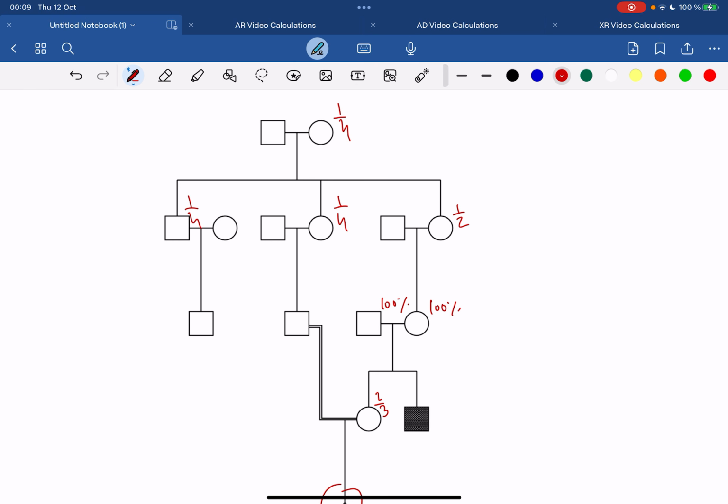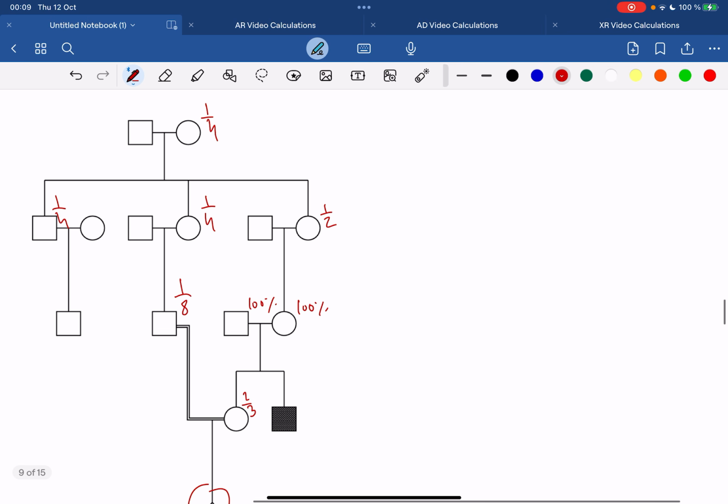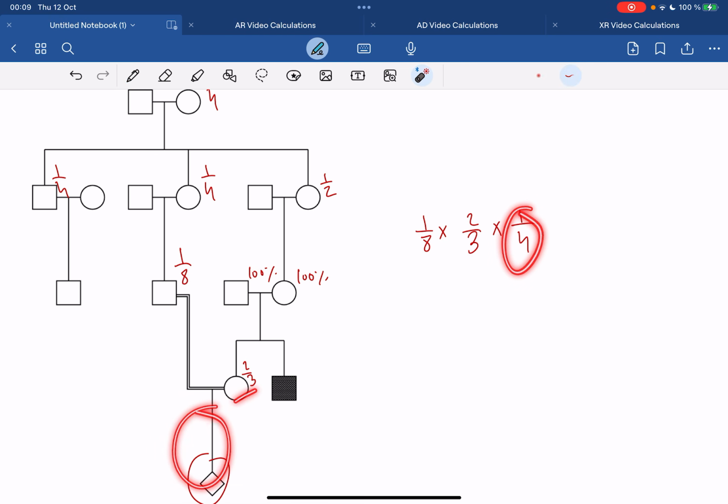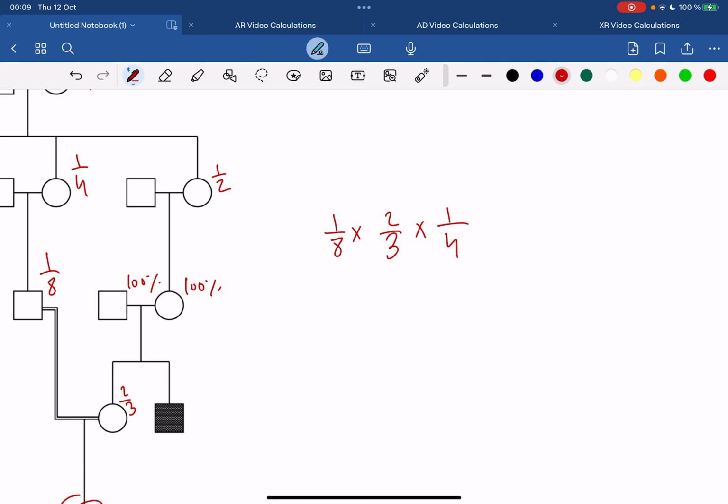And then finally, one step below that would be 1 out of 8. So the total amount would be 1 out of 8, which is the father's chance to be heterozygous, times the mother's chance to be heterozygous, times 1/4, which is the chance for the child to be affected, so receiving both sick alleles from the parents. And this would be 1 in 48.